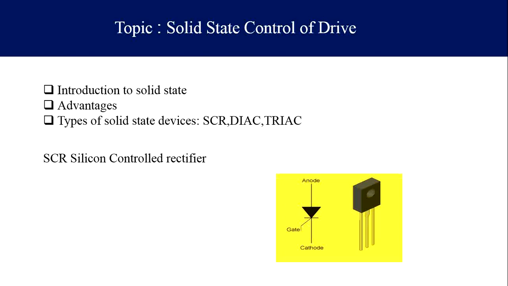The first advantage of solid state is efficiency, as they are very easy to control and there is less power loss, so they are efficient to operate. Then lifetime: as there are no moving parts, the lifetime of these devices is very high. Then smooth control.